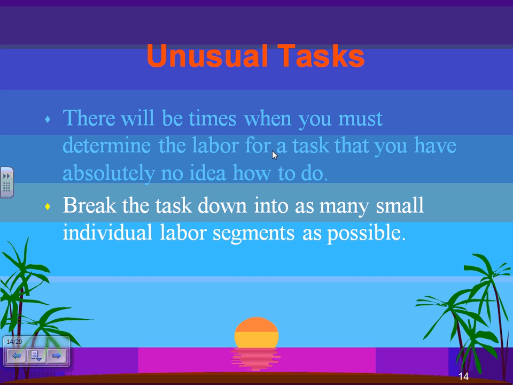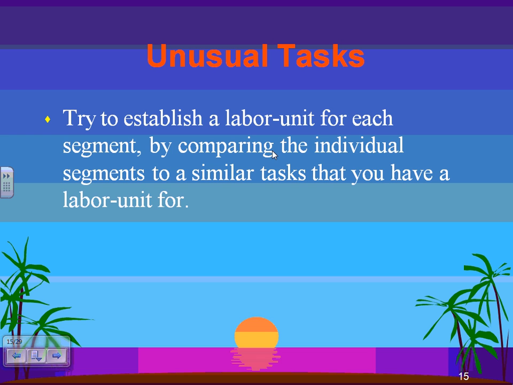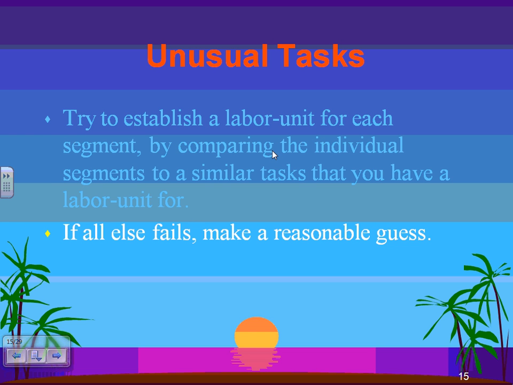Take a big task, break it down into smaller tasks, individual labor, and assign a labor unit to these smaller tasks, adding them all up basically. And at the end, you can get as close to the truth as you can. So break it down into little segments, assign a labor unit for each, and then compare them.